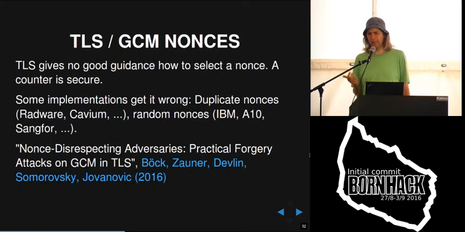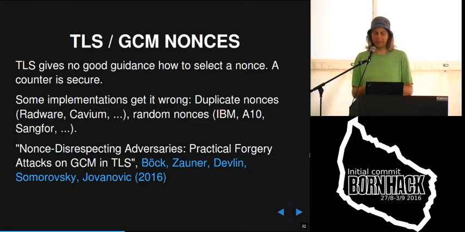The problem here is that the TLS standard doesn't tell you anything reasonable about how you choose this nonce. It says you could use the TLS record number, but you don't have to, and it doesn't tell you what the secure way to choose a nonce is and what is not. It's quite simple to choose a nonce securely: you can just use a counter. You use 0 as the first nonce, then 1, then 2, and so on.